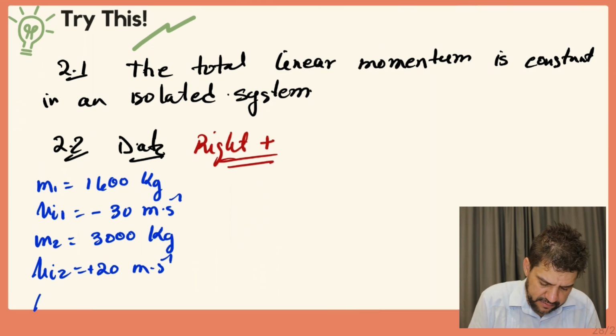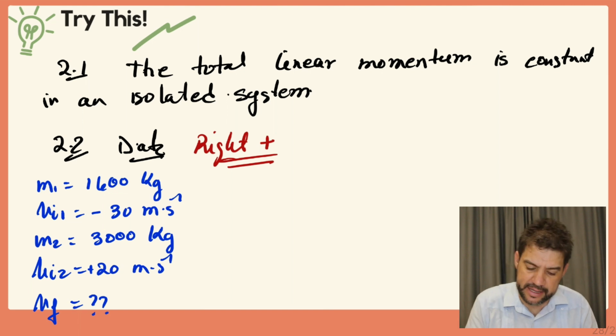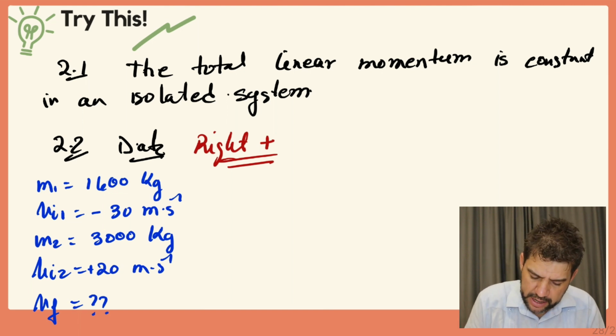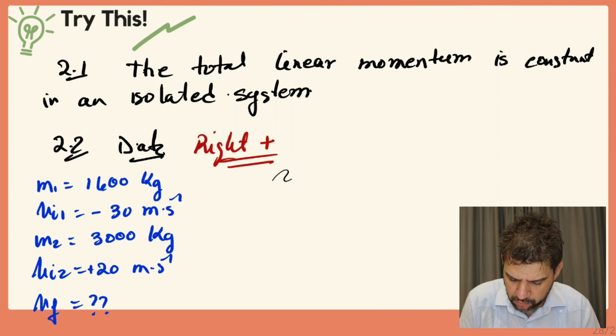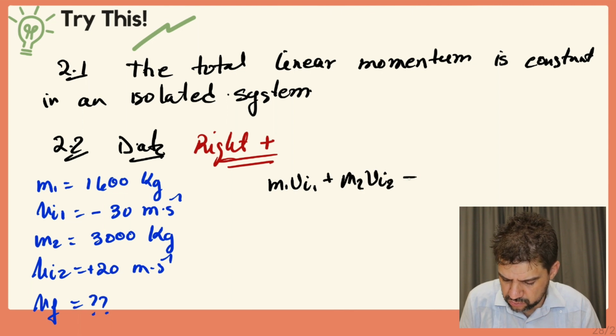So the final velocity of both of them is what we are looking for here in the data. So we are going to apply the law. And the law, as I told you, from the same starting point: m1 v initial 1 plus m2 v initial 2 is equal to m1 v final 1 plus m2 v final 2.